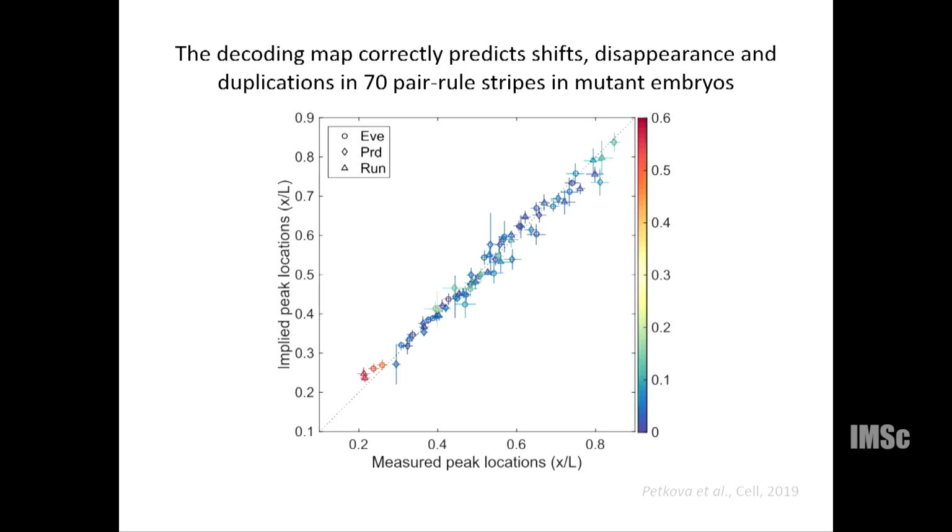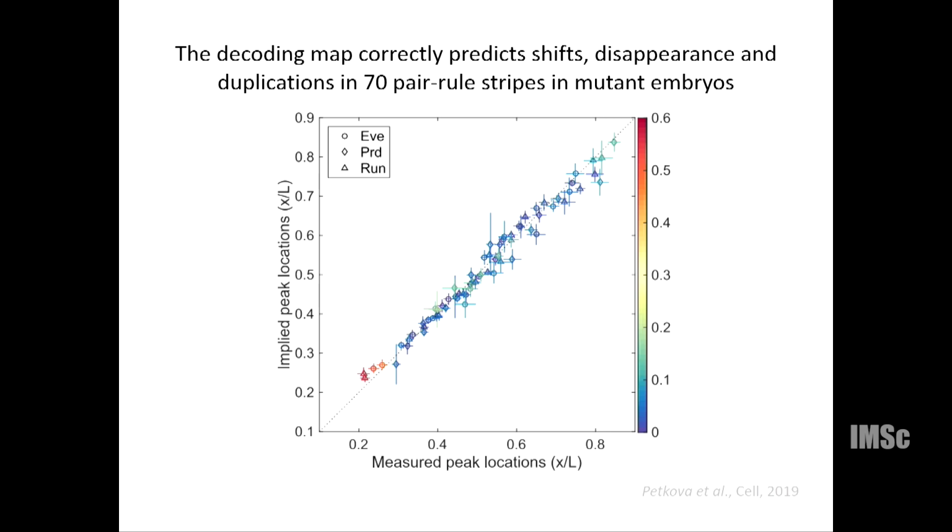I should check what was the coloring, but I think that was, oh yeah, I remember that was the distance. So if it was close to the predicted position, it was close to blue.